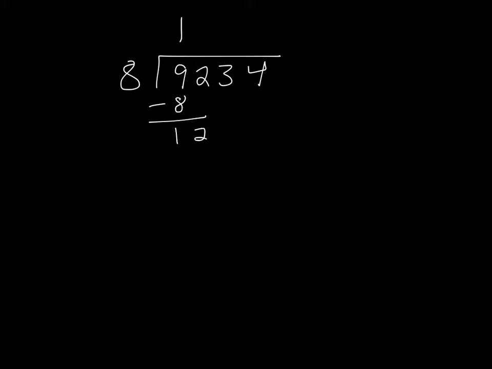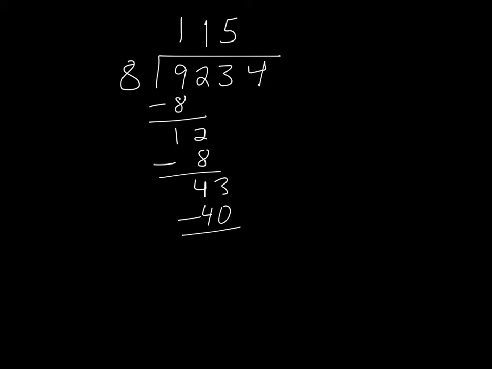Now 8 goes into 12 also 1 time, so we put a 1 here. Then we multiply. 1 times 8 is 8. We subtract, we get 4. We bring down the number and we start all over again. 8 goes into 43 5 times. 5 times 8 is 40.